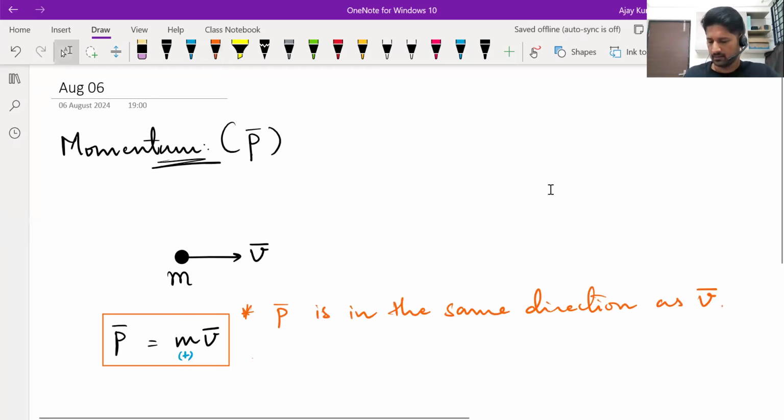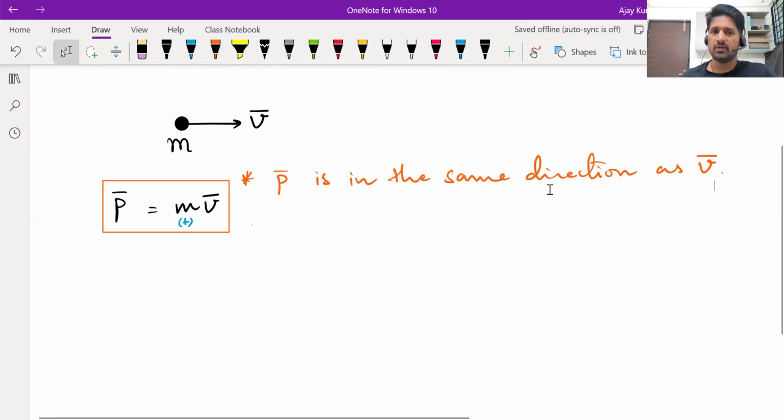Right. Quickly tell me the SI unit and dimensional formula of momentum, both of you. The SI unit is kg meter per second.